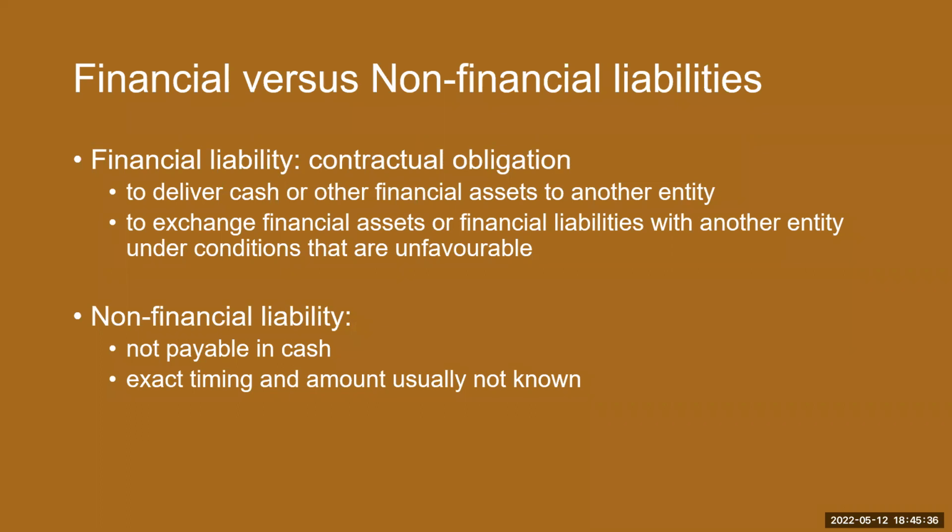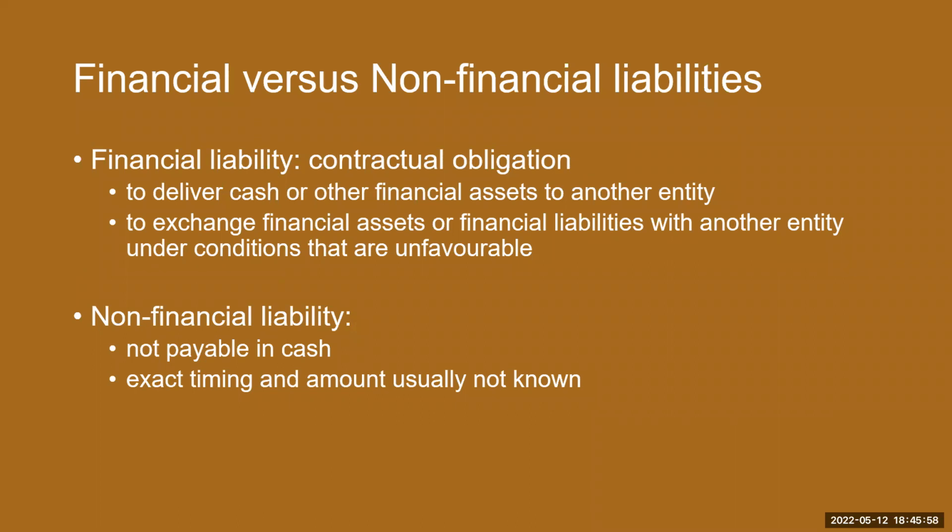The financial liabilities, mostly we have to pay cash, but there can be circumstances where instead of paying cash, we could end up transferring some other financial asset. I don't want to get into too many complicated examples.